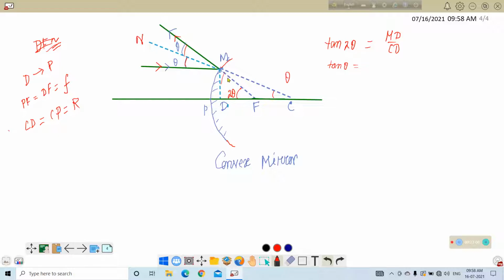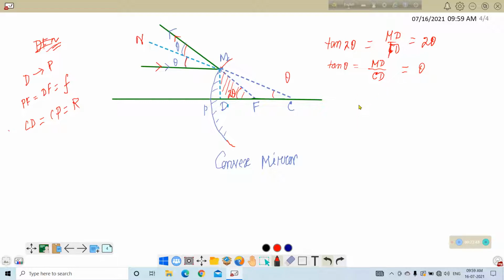This is the triangle. And tan theta is equal to MD by CD. Now from these two equations, similarly, this is equal to 2 theta and this is equal to theta for a particular shape.